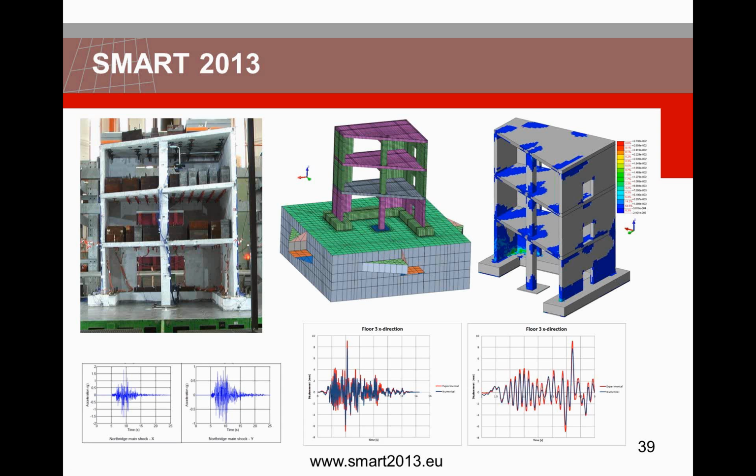Also related to the dynamics are a static pushover analysis and a response spectrum analysis performed on this model. This is just to show what is possible to see from a transient dynamic analysis.